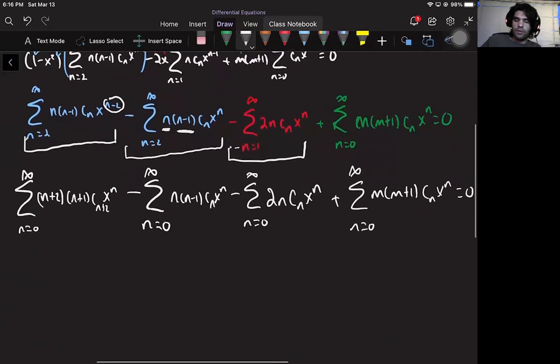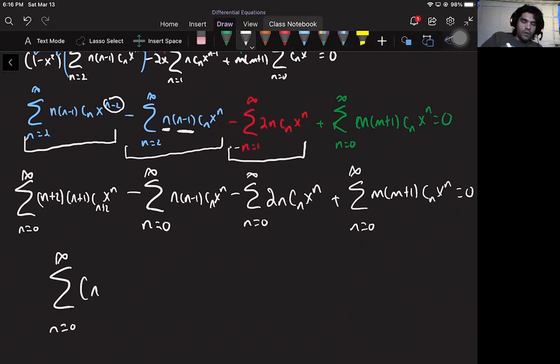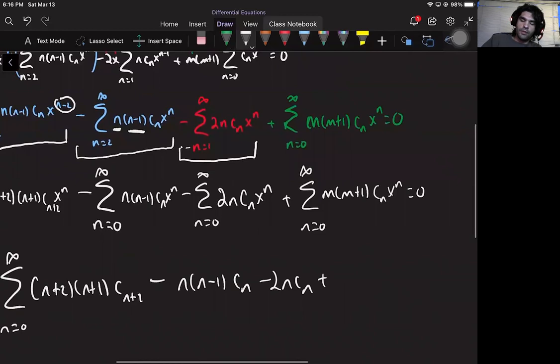So now we're in a situation where we can combine it into one big old sum. So n plus 2 times n plus 1 times cn plus 2 minus n times n minus 1 times cn minus 2n cn plus m times m plus 1 cn, all of that times x to the n equals 0.